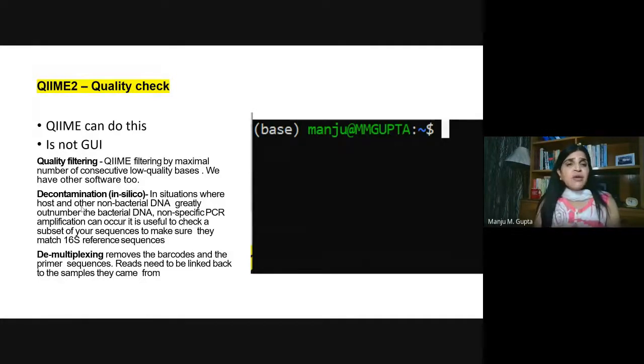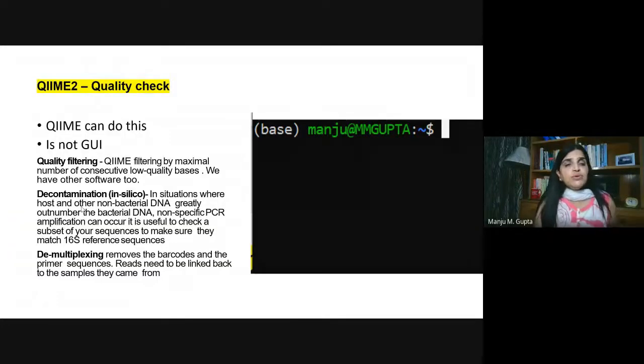It is a command-based system, but this quality check QIIME can do it for you. It has inbuilt programs which will do quality filtering. You have to check by your eyes also sometimes your sequences wherever you feel doubt, whether a wrong base has come, or there is a gap or anything. But we have lots of software with that. You can do this quality check of your sequences.